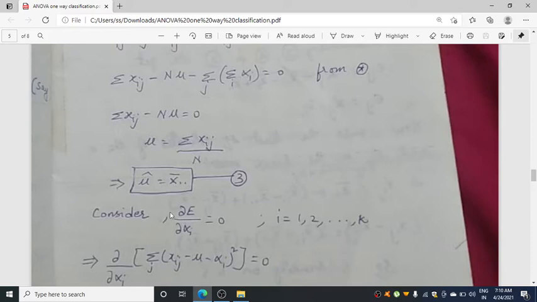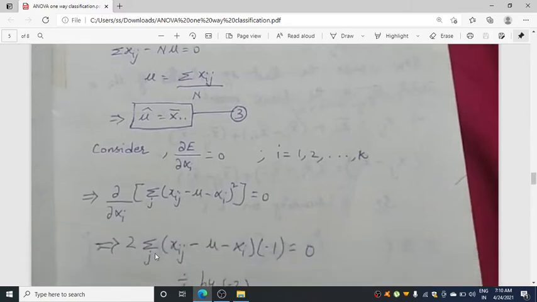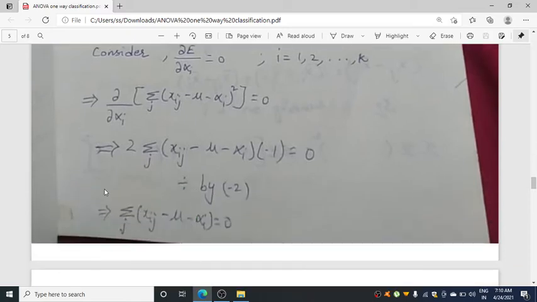Then consider dou E by dou alpha i. First I differentiated with dou E by dou mu, now I am differentiating by dou E by dou alpha i. You will get sigma over j of xij minus mu minus alpha i equal to 0.